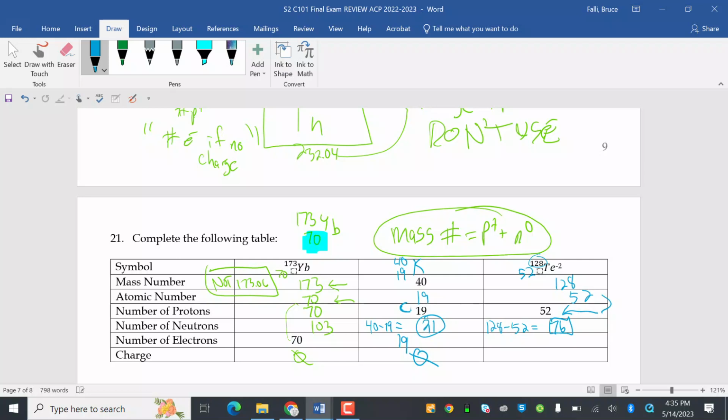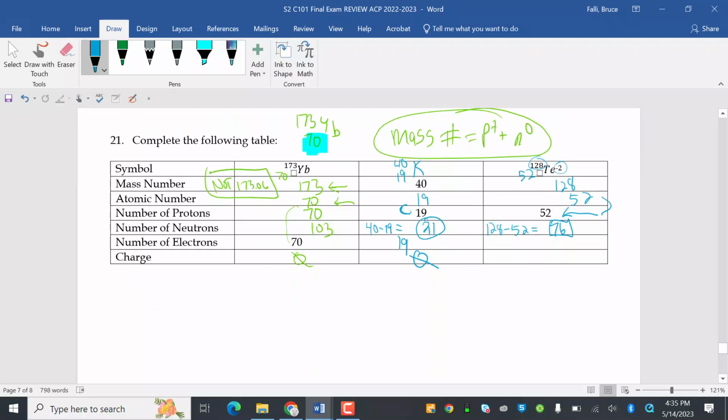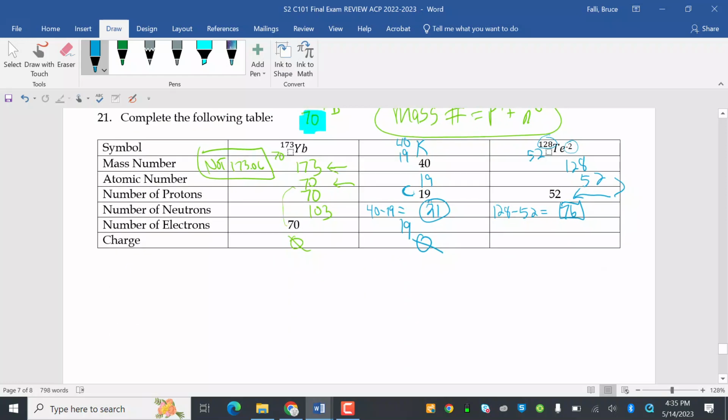And then number of electrons, uh-oh, I have a negative charge. So if I have a negative charge, people think, oh, I take protons minus 2. That's not true. So imagine if I know I have 52 protons. If I have 52 protons and I have 50 electrons, do you see how I have 52 pluses and 50 minuses? That's going to give me plus 2. But I have minus 2.